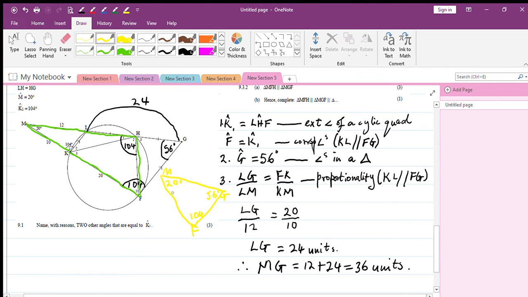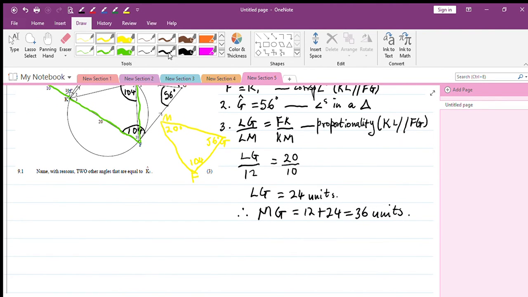So two ways to show that the triangles are similar is either by using equal angles or by showing that the ratios of corresponding sides are the same. But in this case we are going to use the angles.